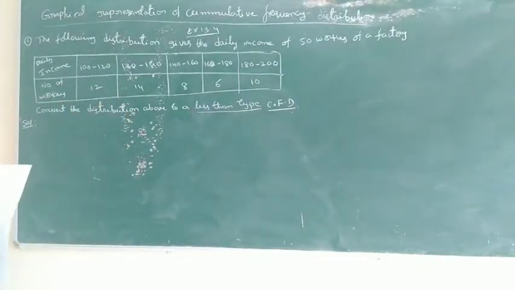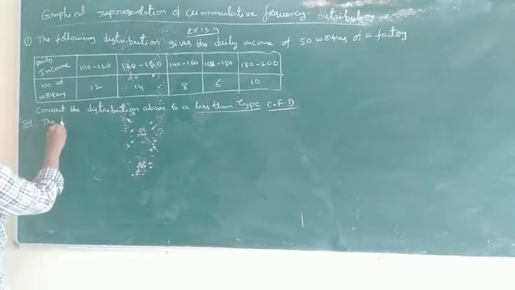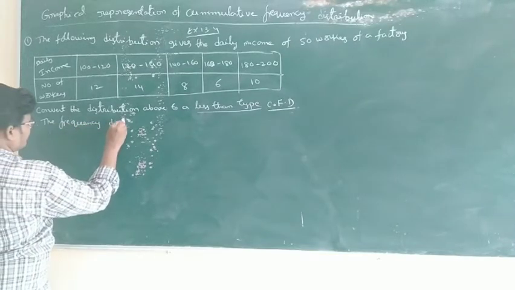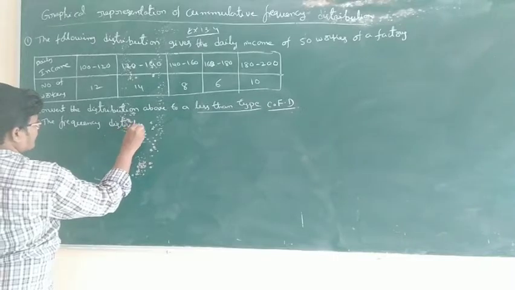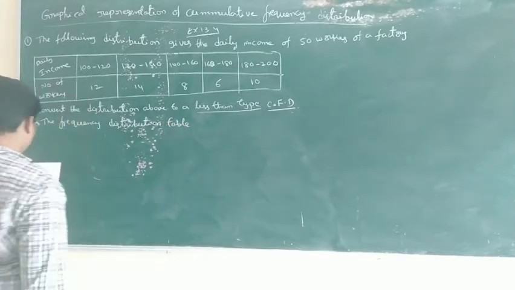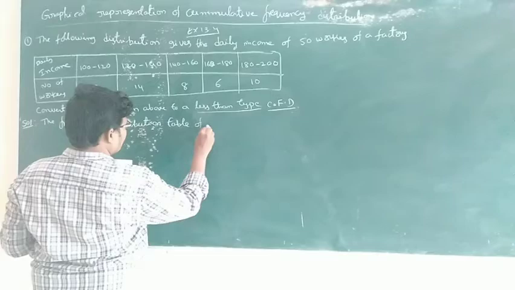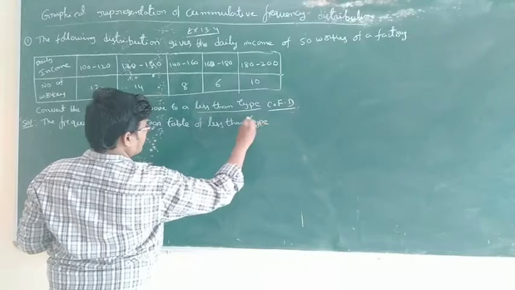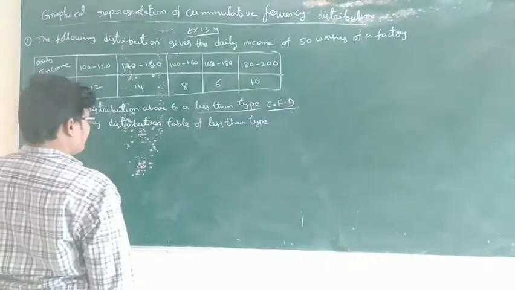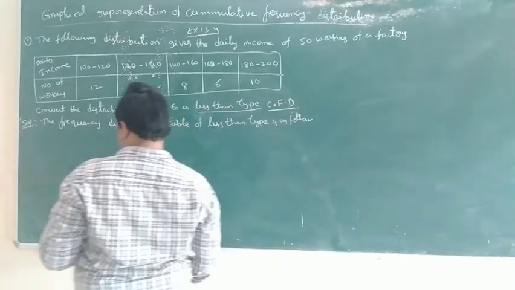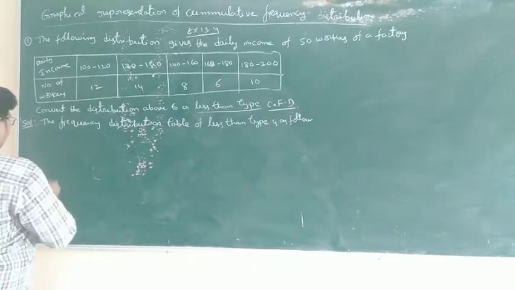The frequency distribution table of less than type is as follows.